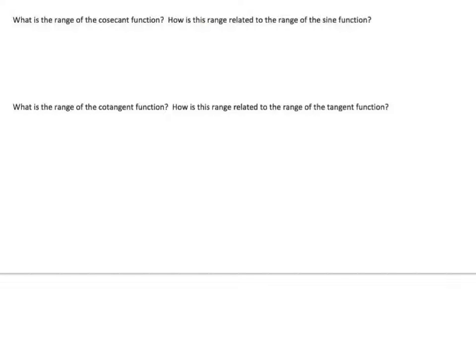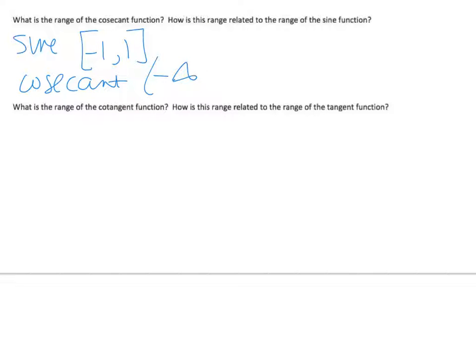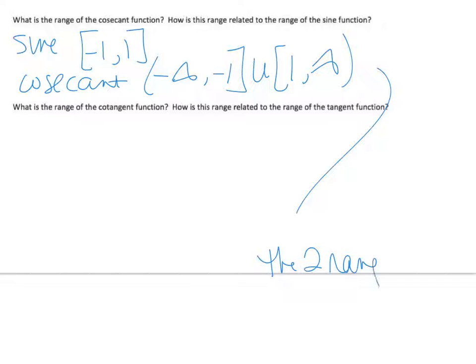What is the range of the cosecant function, and how is this range related to the range of the sine function? Well, first of all, we've learned in the past that the sine function has the range -1 to 1, so the cosecant is going to have sort of the flip of that range. The two ranges only intersect at -1 and 1.